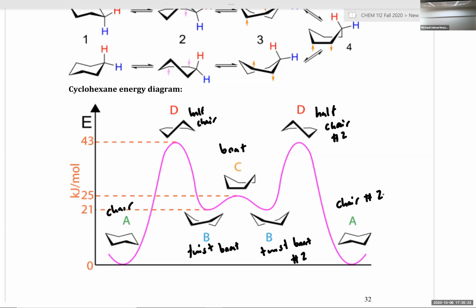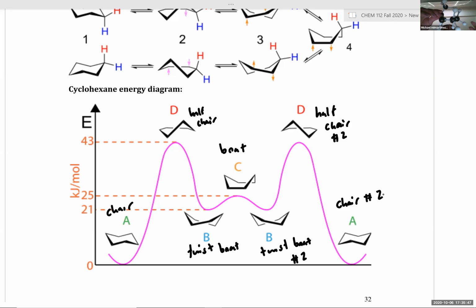Okay, so let's show this once again. We start off with our typical chair conformation. We bring carbon number 4 up into the plane of the page, and we make our half chair conformation.